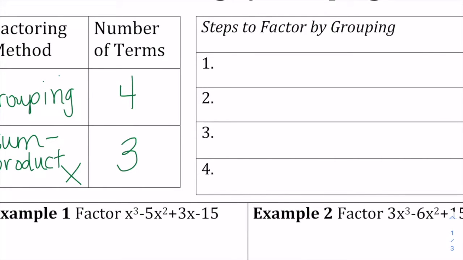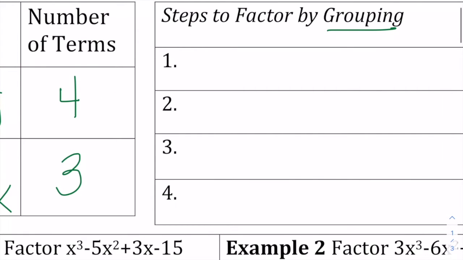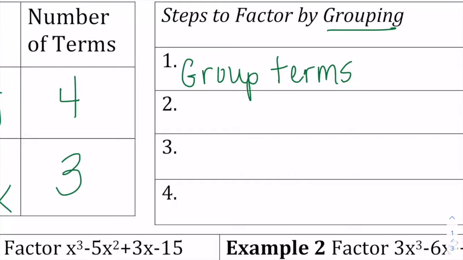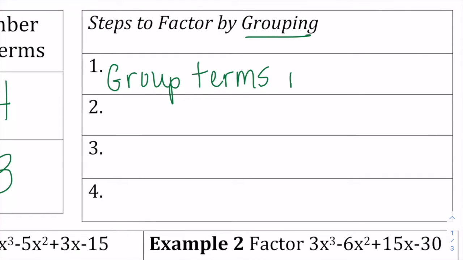So for factoring by grouping, the first thing we need to do is group the terms. So we're going to group the terms, and most often than not, it'll be into pairs.